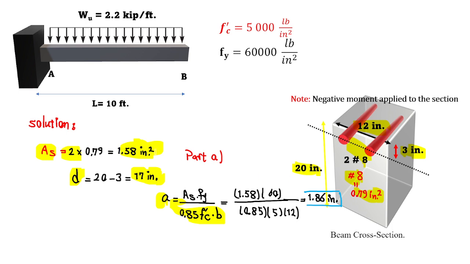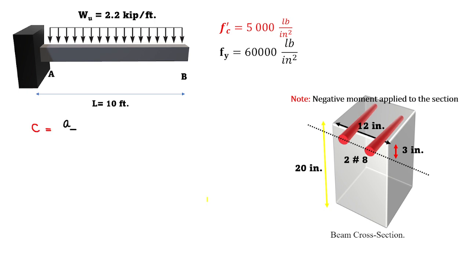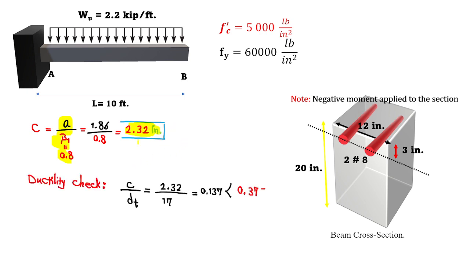That gives us 1.58 times 60, grade 60 steel, over 0.85 times f'c, which is 5, times b, the width of the section. This gives us a, the height of the stress block, equal to 1.86. c is equal to a over beta 1, which gives us the neutral axis.